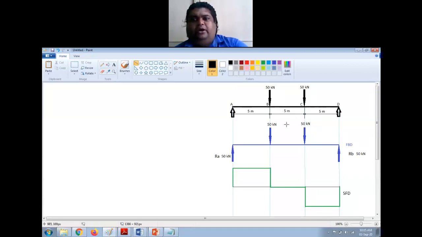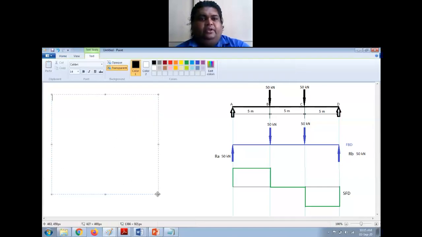Now always the bending moment at the ends will be 0. Whenever you have a free end, the bending moment at this point will be 0. So directly I can write BM at A is equal to 0, free end.